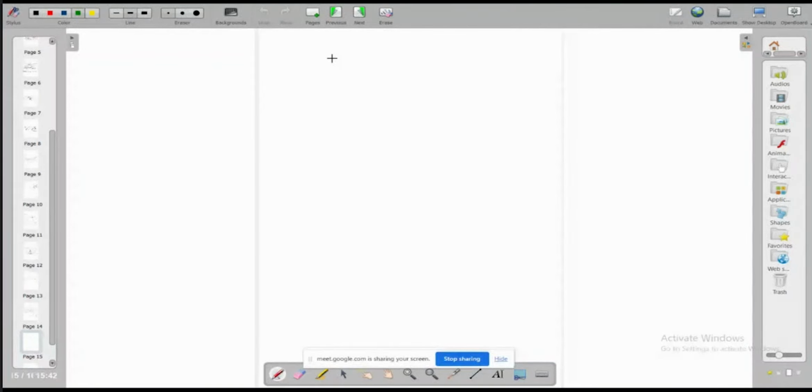Write down one is 10 divided by s into s plus 1 into s plus 2.